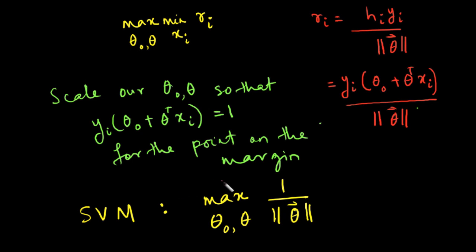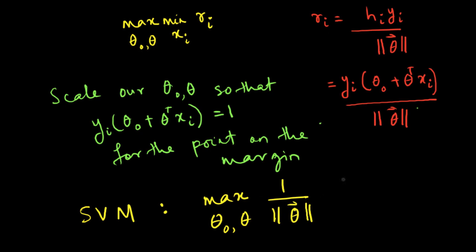However, remember that this maximization is not alone. We have to ensure that this quantity is now greater than 1 for every single point, because if this is equal to 1 for the point which is closest, for every other point this has to be larger than that, because the distance of every other point is larger than the distance for the closest point.